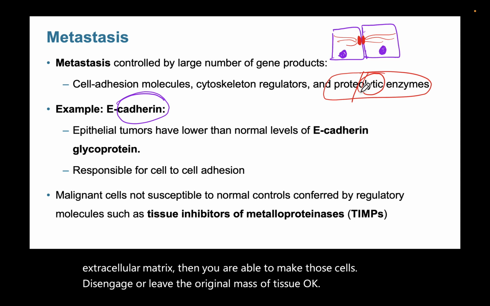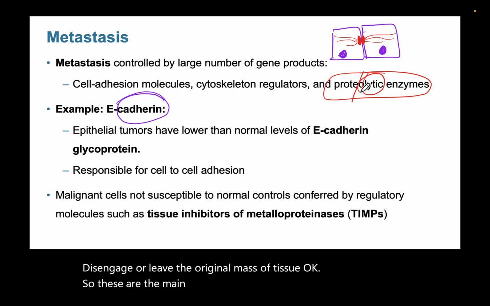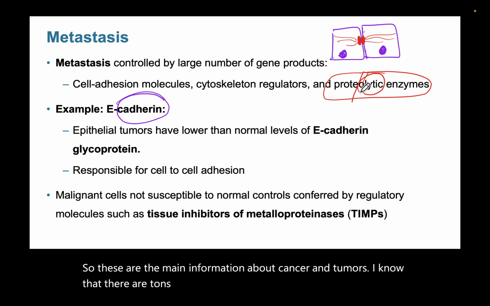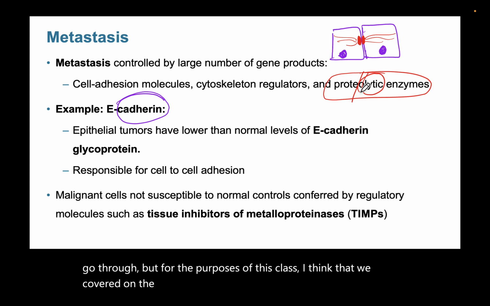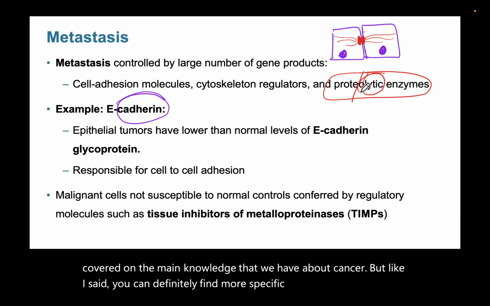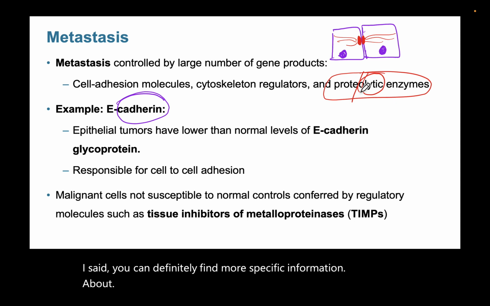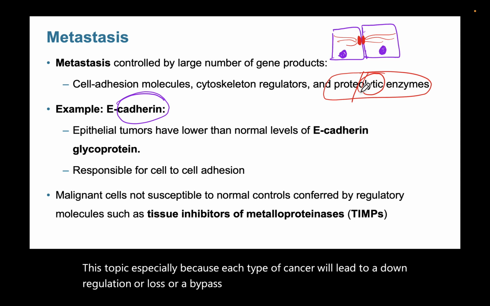Okay, so these are the main information about cancer and tumors. I know that there are tons and tons of information out there that we could go through, but for the purposes of this class, I think that we covered the main knowledge that we have about cancer. But like I said, you can definitely find more specific information about this topic, especially because each type of cancer will lead to a downregulation or loss or a bypass of a certain mechanism.